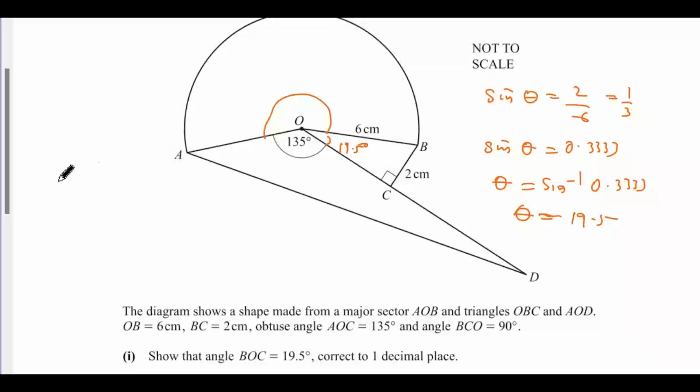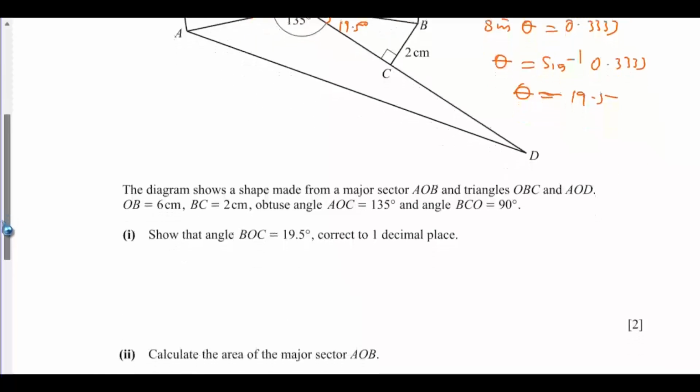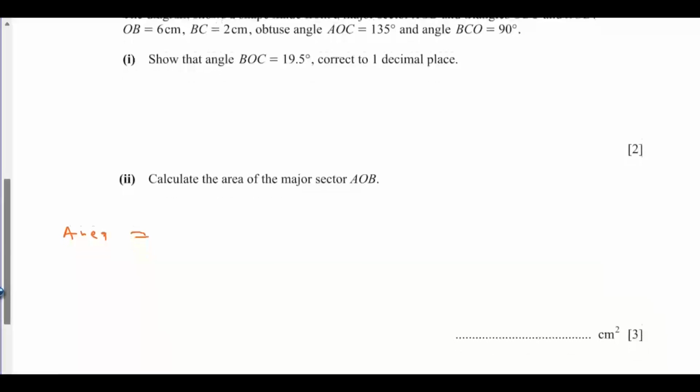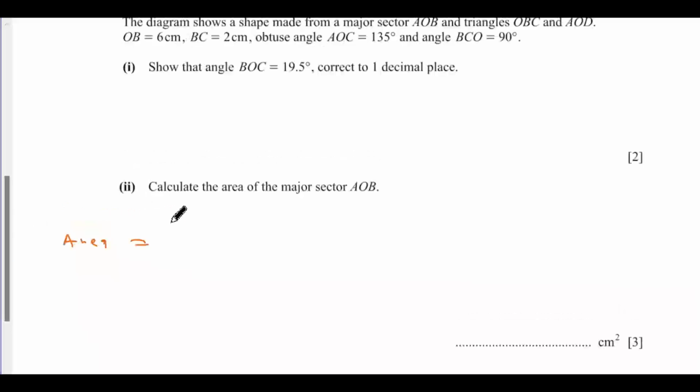That's given. So to get this reflex angle, that will be 360 minus 135 minus 19.5. That is the reflex angle over 360.